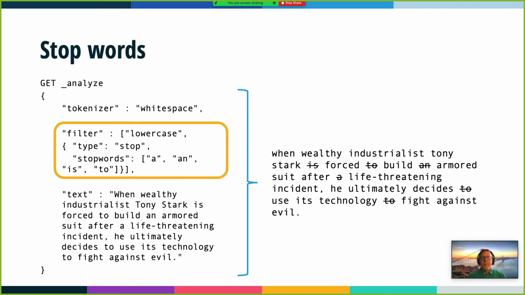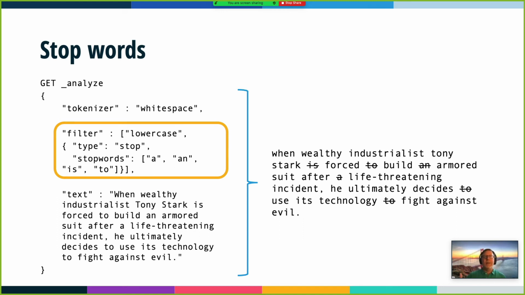Along with that, OpenSearch supports a concept of stop words. Stop words are low value terms, low value in the sense that many or most documents have them. So if I'm going to query for a term like an, that will probably match nearly every document in my corpus, right?